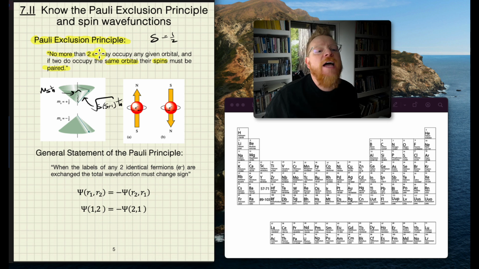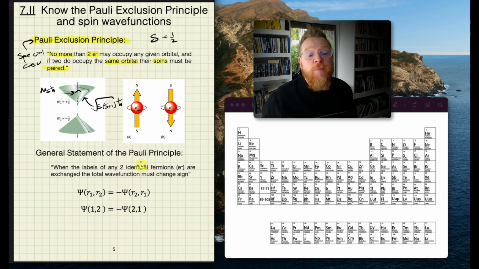So as it turns out, this Pauli exclusion principle is a special case of the general Pauli principle. So this one is a special case of the general Pauli statement, which is when the labels of any 2 identical fermions, and so remember a fermion is a quantum object with spin 1/2, that's an electron, are exchanged, the total wave function must change sign.